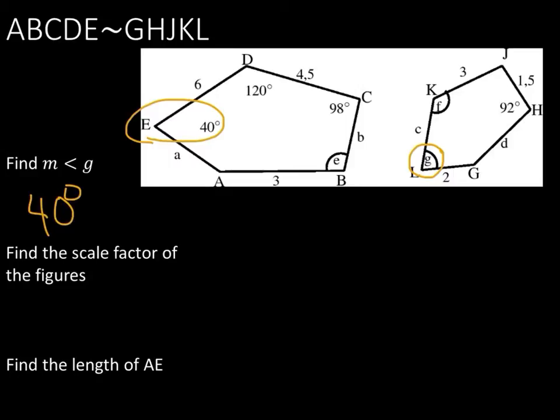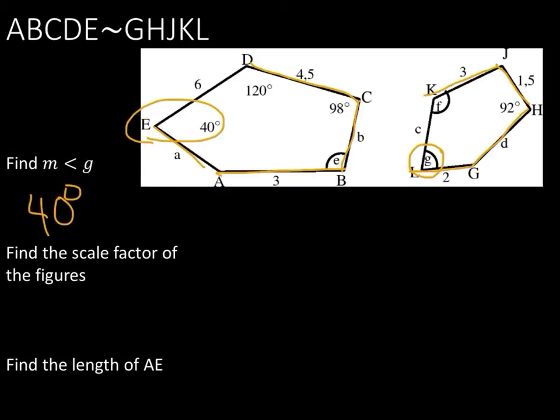Find the scale factor of the figure. So we need to find two sides that correspond with each other that we know both lengths of. We do not know this number, so we can't figure out this. We do know this, but we do not know that side. We don't know this, but we do know that. Here we do know this, and we do know that side.